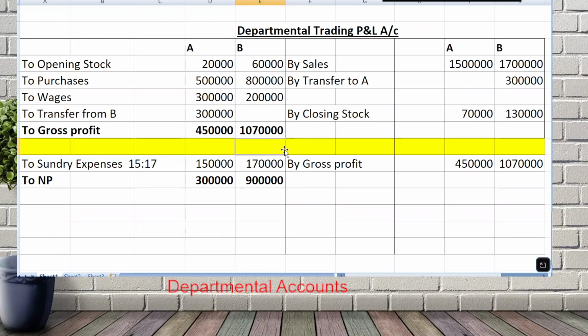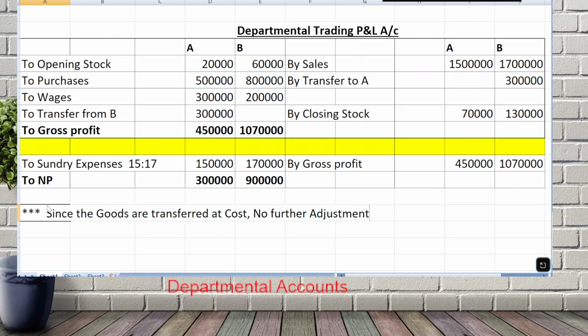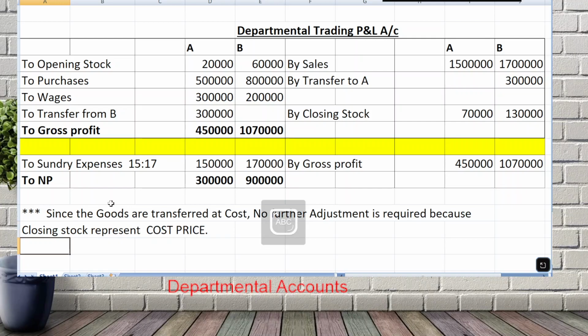Any doubt in this trading P&L? Since the goods are transferred at cost, no further adjustment is required, because the closing stock represents which price?